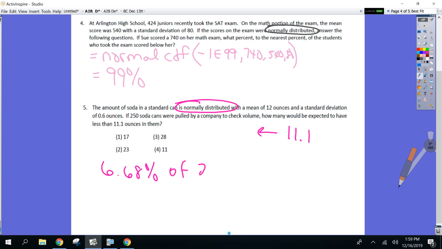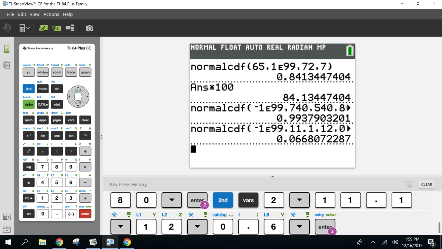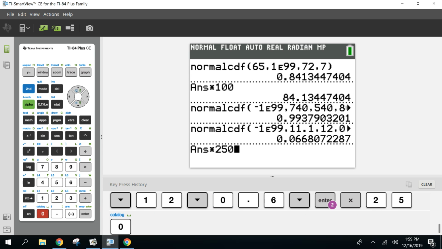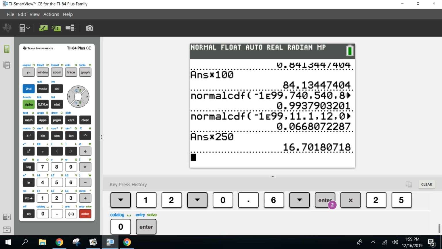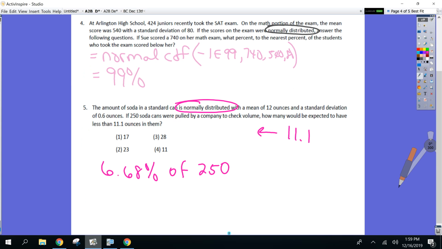Of 250 cans. So now that's what I'm asking. Can you guys find 6.68% of 250? If you didn't multiply it by 100, just leave that number in there and multiply it by 250. So about how many cans? 17 cans. There you go.